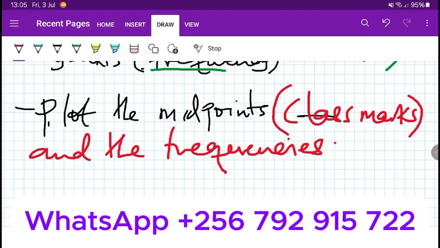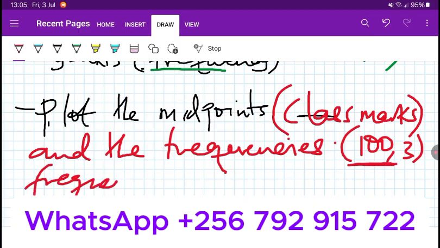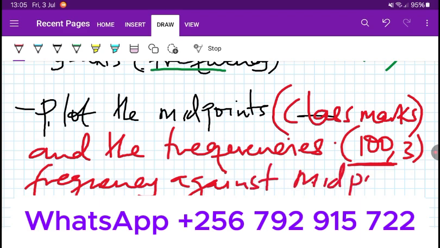So if we are starting with, let's say, 100 to 3, it means its frequency against what? How are these pairs ordered? It will be frequency against the midpoints, depending on how this has been arranged, because we start with the midpoint.